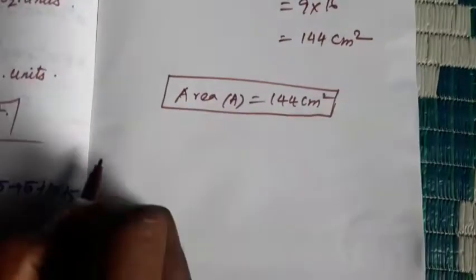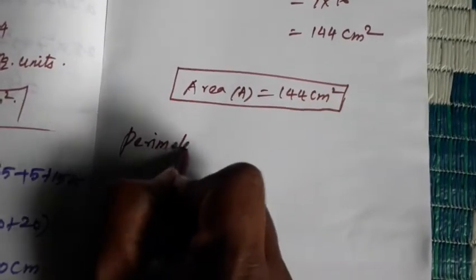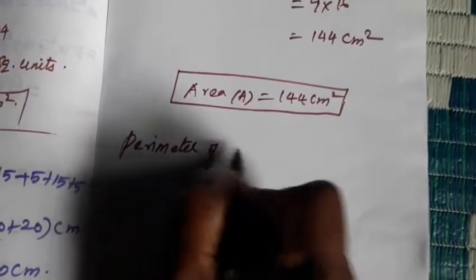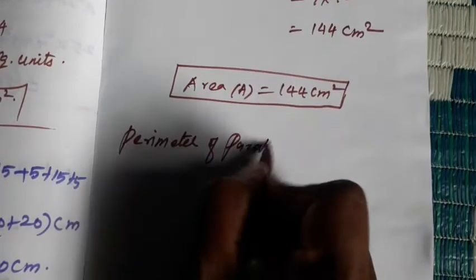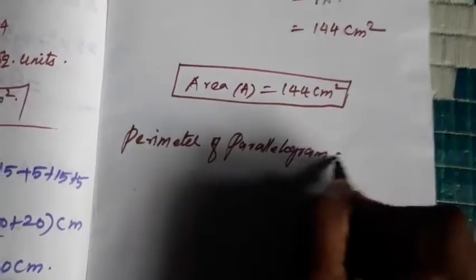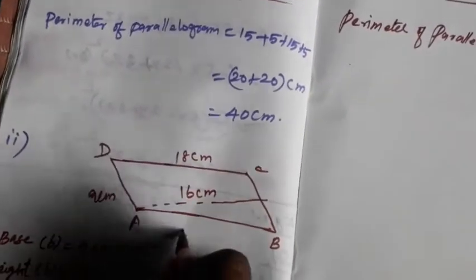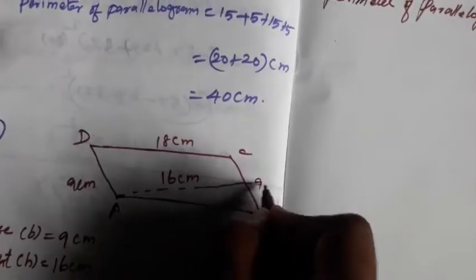Next, we want to find the perimeter. Perimeter of a parallelogram is the sum of the four sides. Here opposite sides are equal: here 18, therefore here also 18; here 9, also here 9.